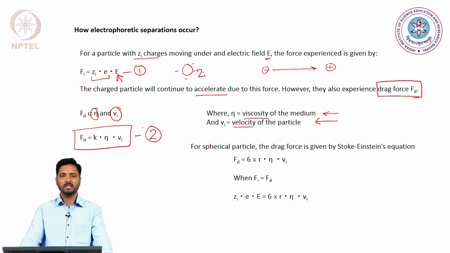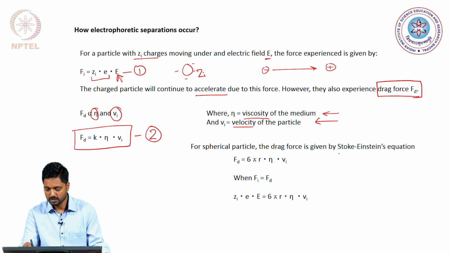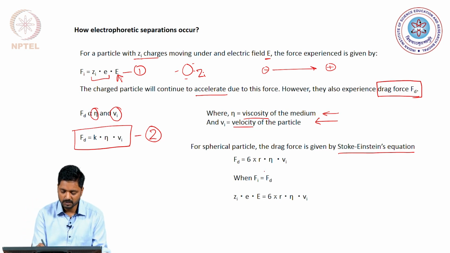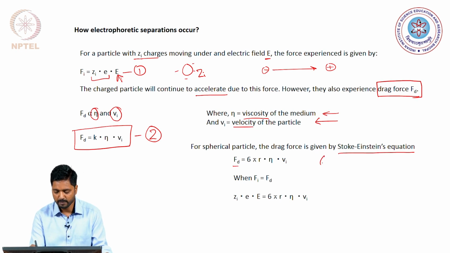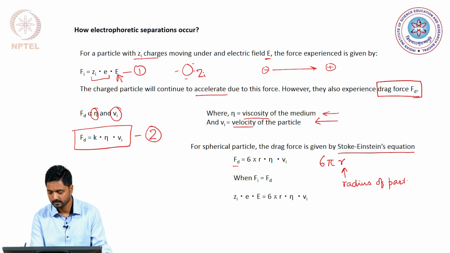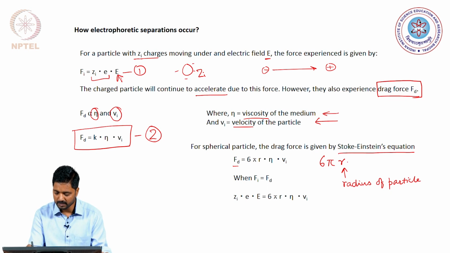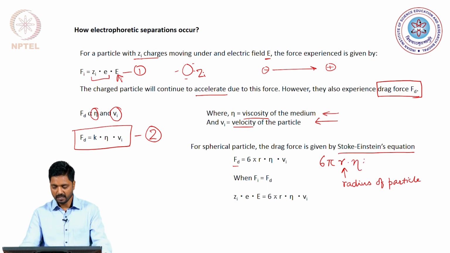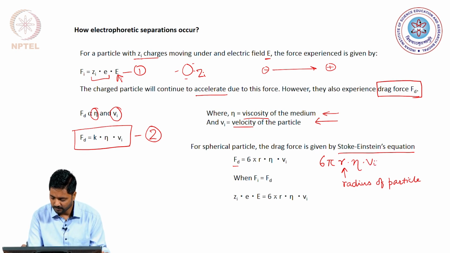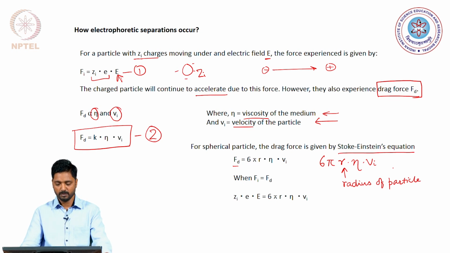In the context of a spherical particle, this drag force is given by the Stokes-Einstein equation, and that is, the drag force is defined as 6 pi r, where r is the radius of the particle, so this essentially dictates the dimensions of the particle, into eta, which is the viscosity of the medium, and Vi, which is the velocity of the particle.